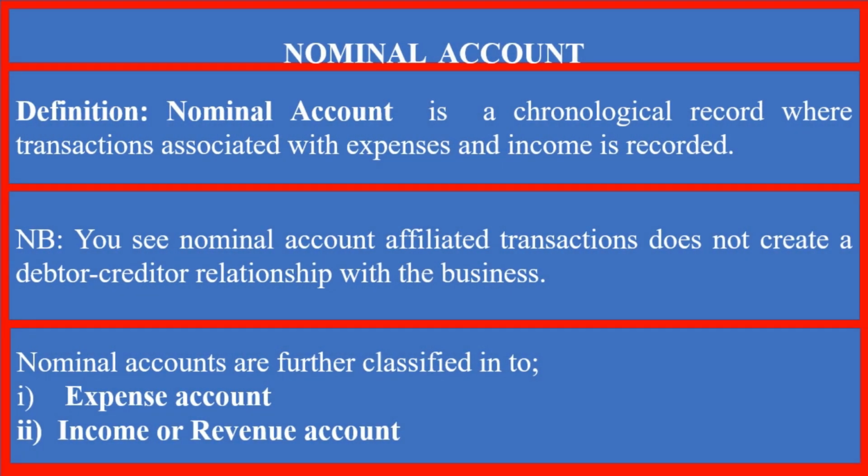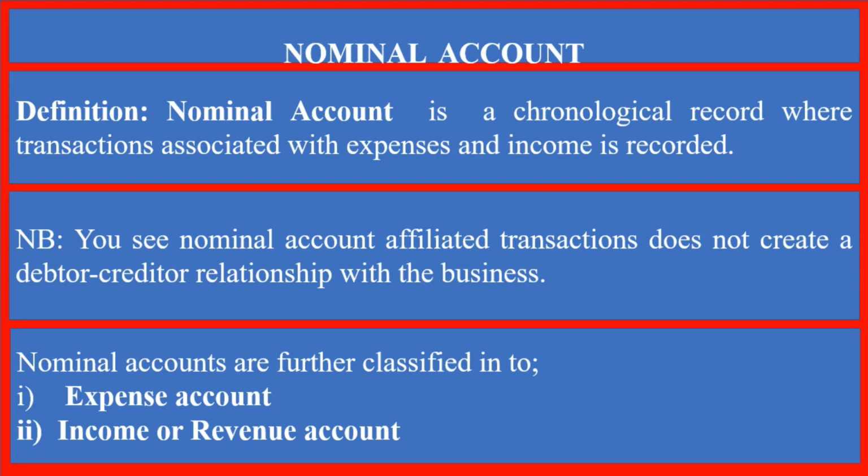There we go. The first thing we need to ask ourselves then, as we did in the case of expense account, is: what about nominal account? How do we define a nominal account? And this is actually a reminder, because the same definition that we had in the case of expense account is the same that we have in the income account. So nominal account is a chronological record where transactions associated with expenses and the income are recorded.